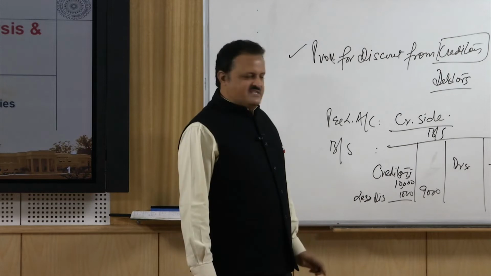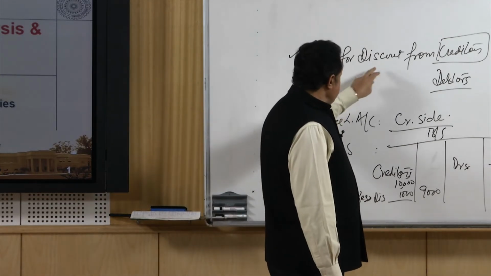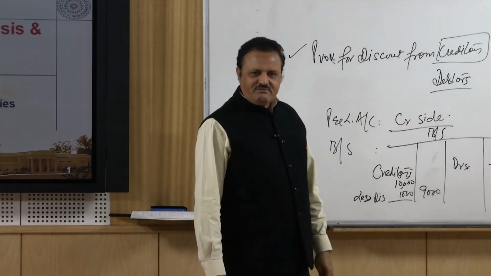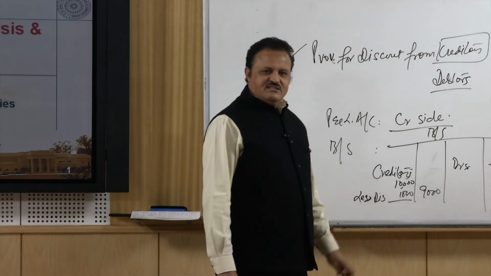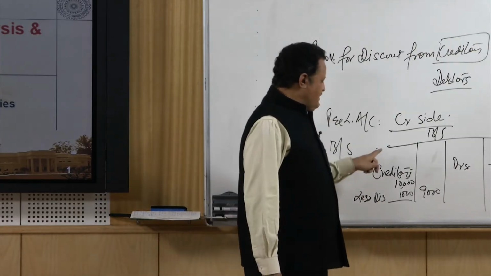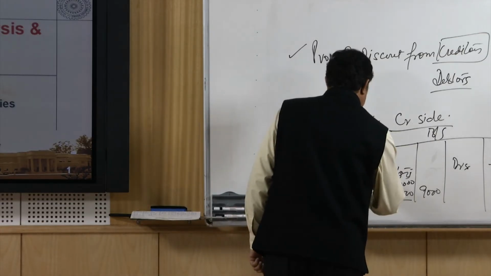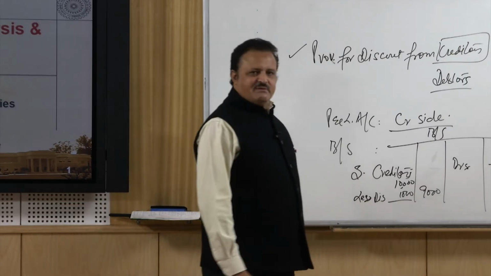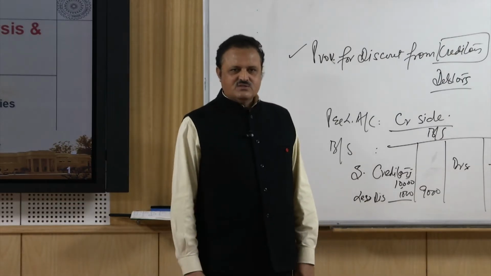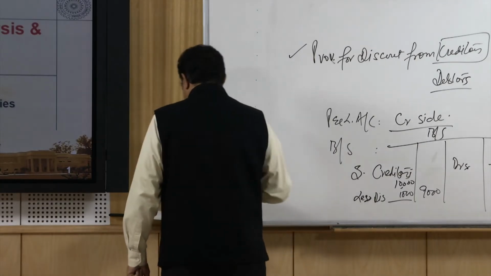The double effect is, first, expected income on the credit side of the profit and loss account, and second, in the balance sheet, on the liability side, subtracting it from the creditors, or sundry creditors, which will be reduced by the amount of expected discount. This is how we treat the provision for discount on creditors.